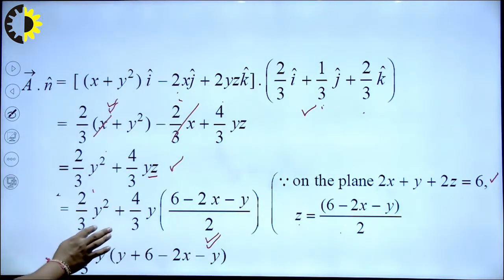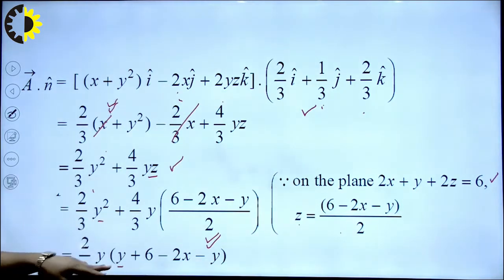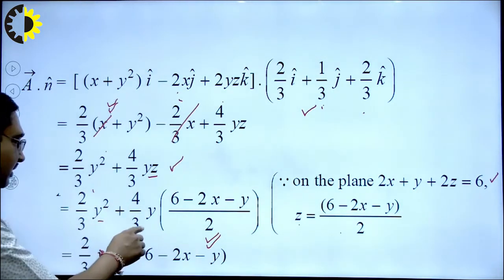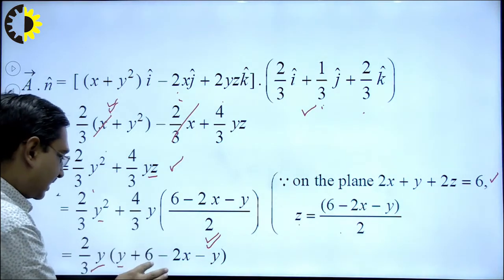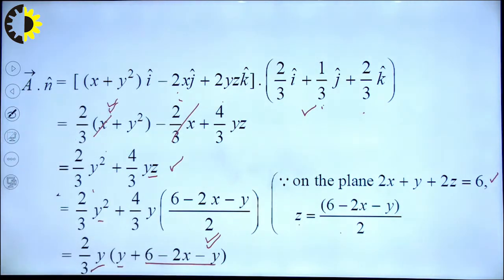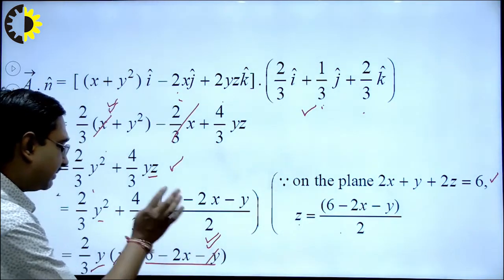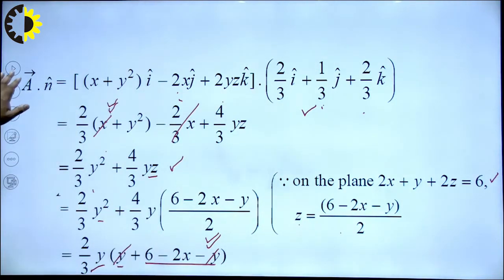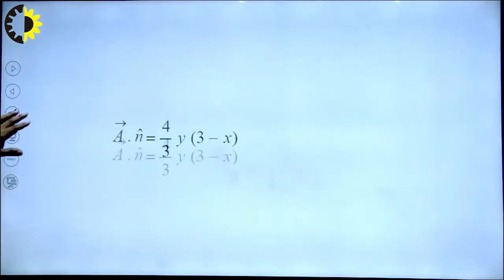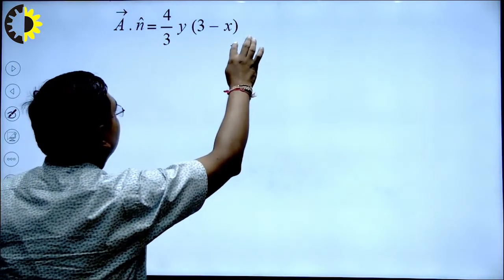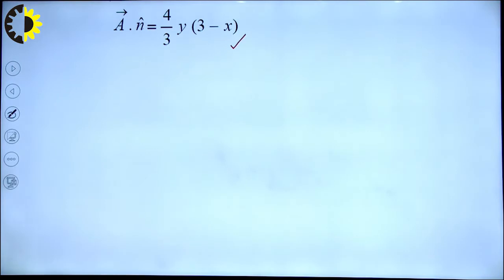This 2 upon 3y from here can be taken outside. This term reduces to simply y, and it becomes 6 minus 2x minus y. Further simplification, this y and this minus y will cancel out, and I obtain this term 4 upon 3y bracket 3 minus x as the value of a dot n cap.